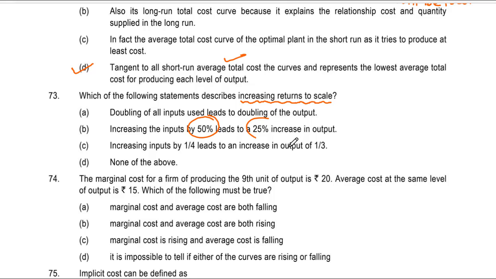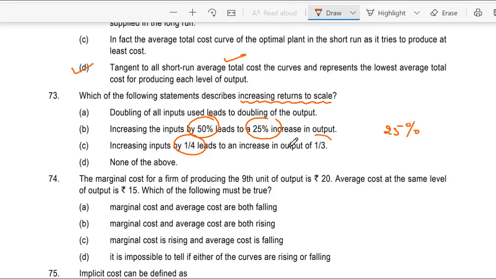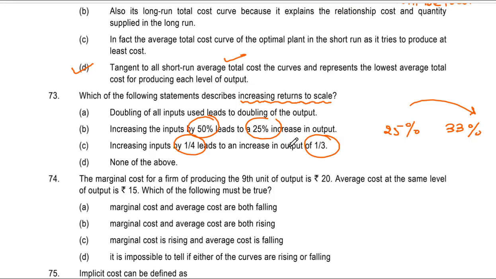B. Increasing the input by 50% leads to increase in the output by 25%. C. Increasing the input by 1/4, that is 25%, leads to increase in output by 1/3, which means 33%. Or D. None of the above.